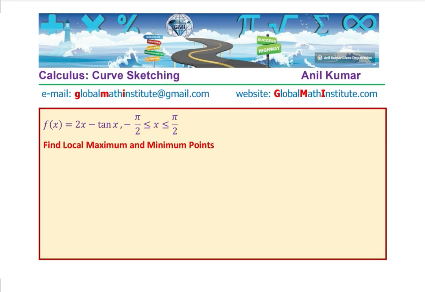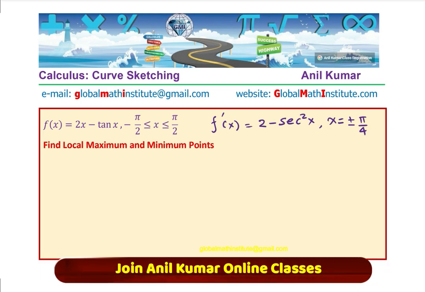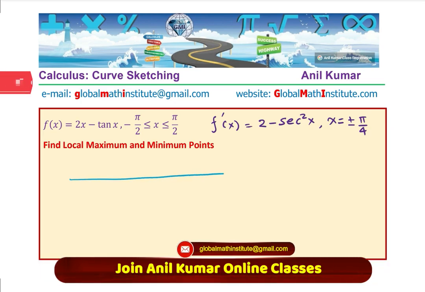So we found that the derivative for the function, which is given to us as 2 minus secant square x, has critical numbers at plus and minus pi by 4. So we will analyze. So let me just sketch an interval table for you, right? And let's take some values.